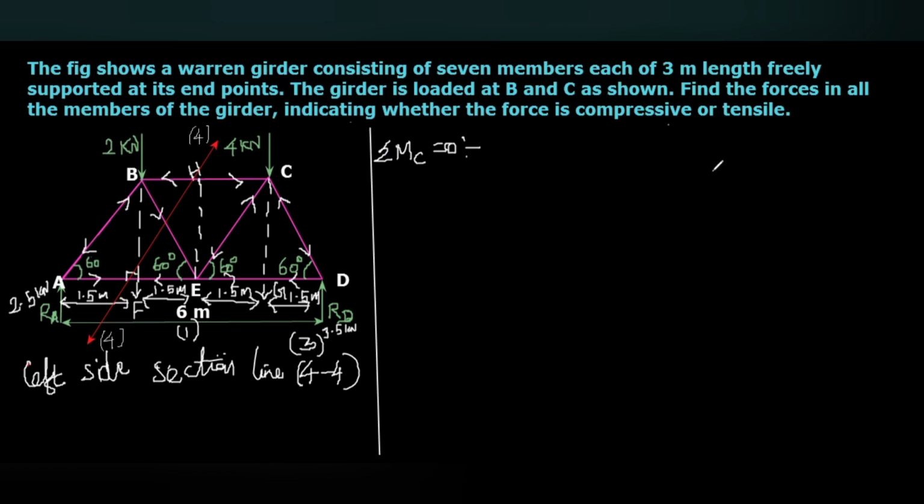Here, this is point B. At point B, the vertical downward force 2 kilonewton is acting. From the point B, the horizontal force, tension in the member TBC, and with respect to the point C, we are going to calculate the moment. And then from point A, it's a whole member. It's not a cut section.